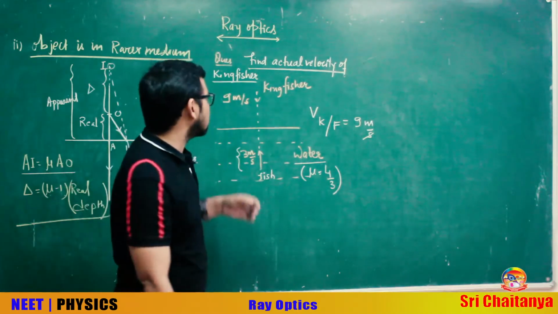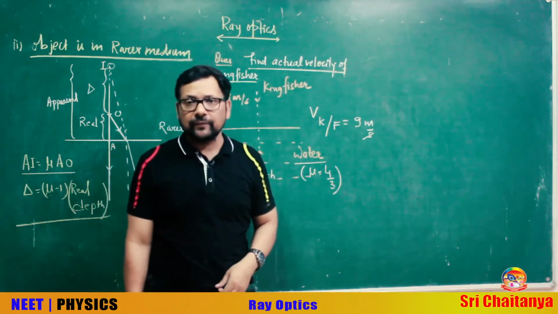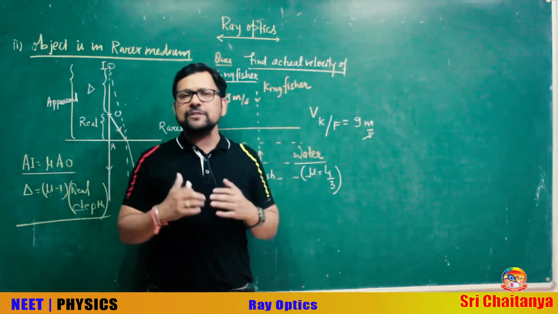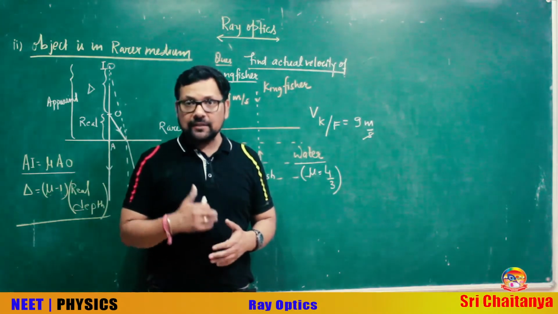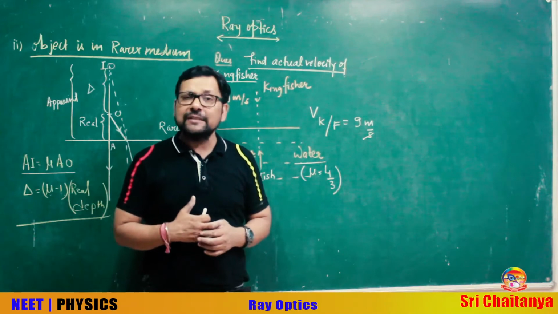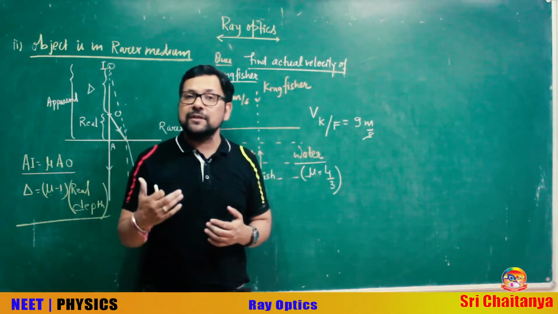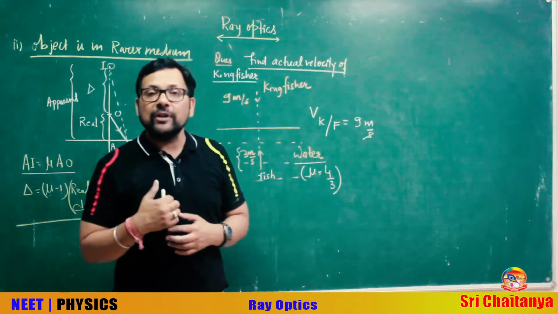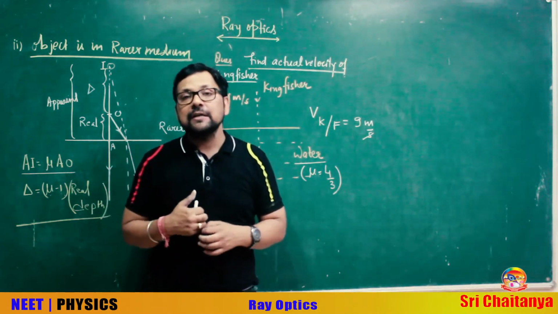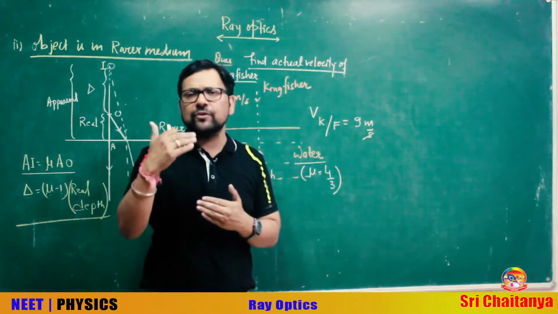So the question is asking us to find the actual velocity of the kingfisher. See, the very first concept: whenever in ray optics the question is regarding speed and velocity, we generally relate the displacements for which the velocities have been given. So velocity is given there for the fish, and relative velocity means the apparent shift of the kingfisher.